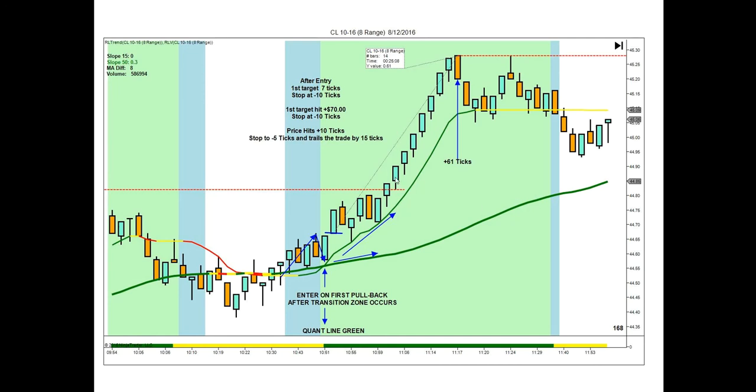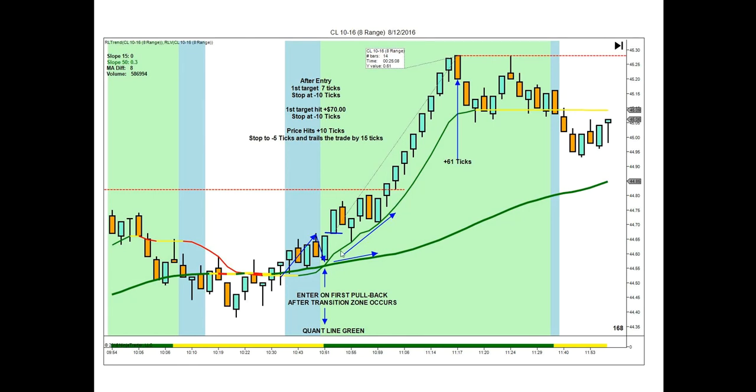Now, here's another transition zone trade. And this doesn't have the algorithmic signal, but you can see the pullback candle comes on the creation of the transition zone. And these are extremely powerful. And I believe we had one this week.